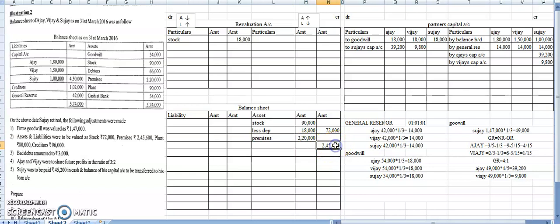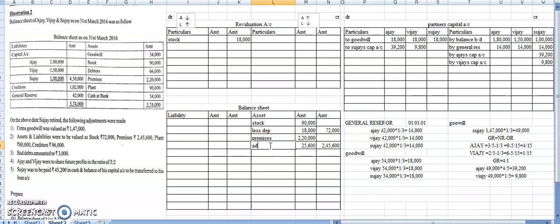Sorry, by mistake I have written 2,45,000. It is 2,45,600. Here it is 2,45,600. Now if we deduct, the answer comes to 25,600. So 25,600, it is an increase.